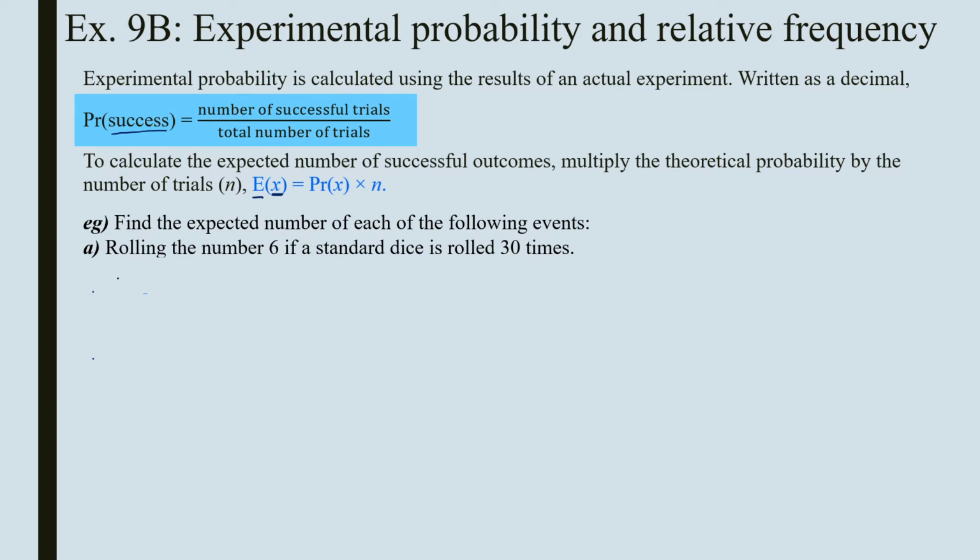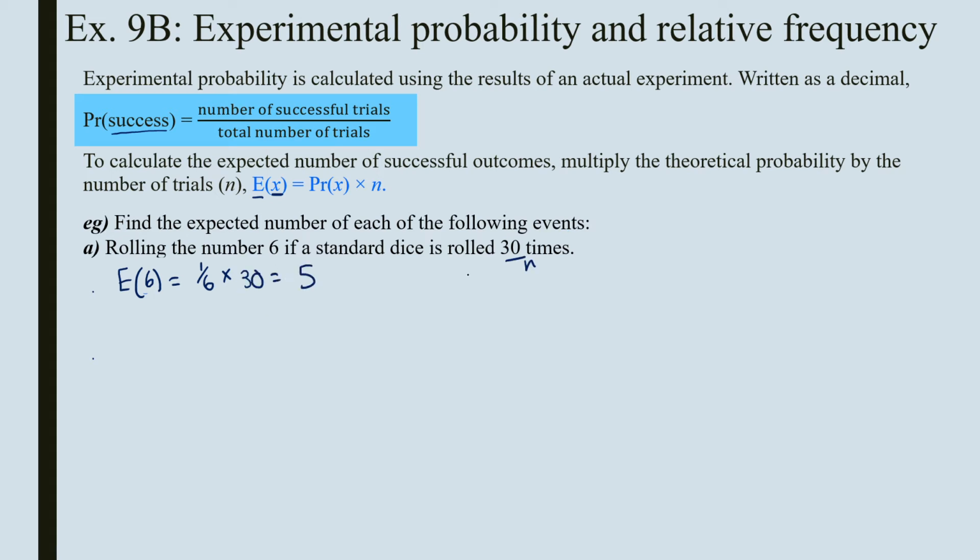Okay, so here we're looking for the expected number of sixes if we roll a standard dice. So what's the expected number of times we'll roll a 6 if we roll a dice 30 times? So the probability of rolling a 6 is 1 over 6. And if we roll the dice 30 times, okay, then our n is 30, and 1/6 of 30 is 5.